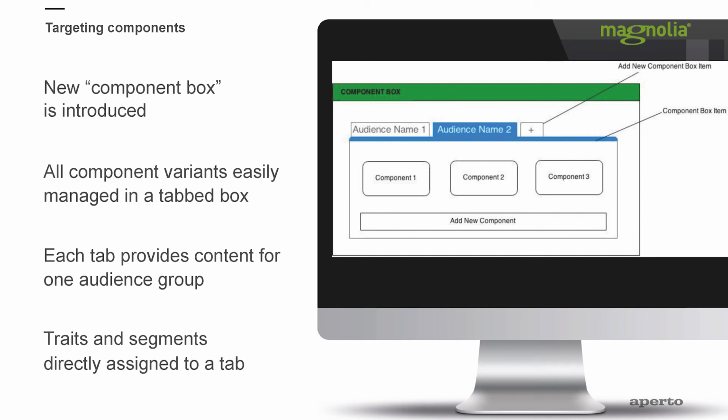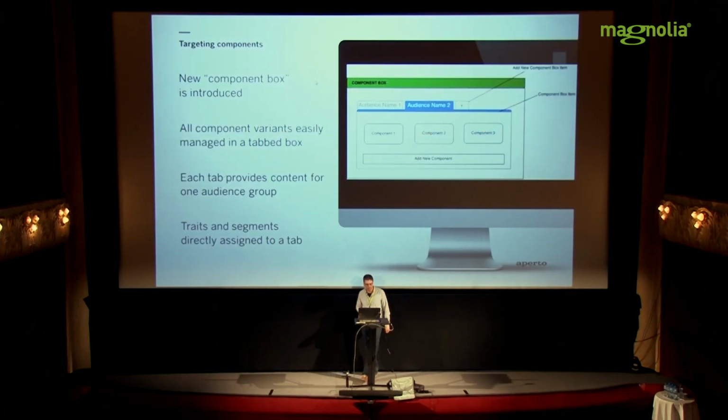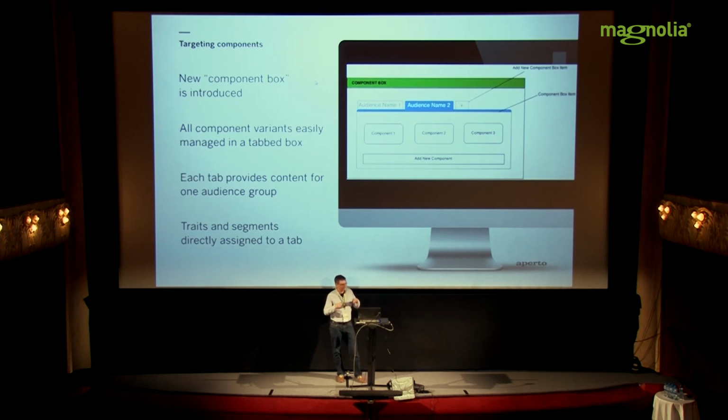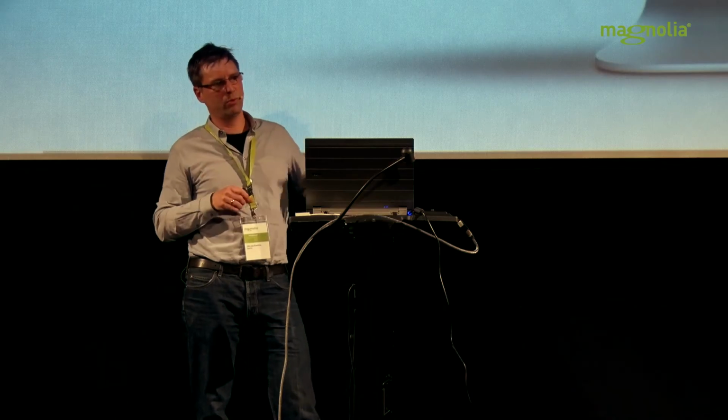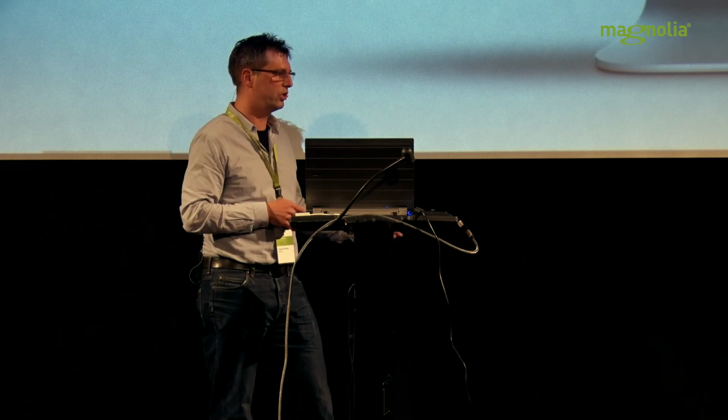From a user interface point of view, there is a new so-called component box, and within the component box you will see tabs. Both the component box and the tabs, you won't see them in the result, they are just there for editing. Each tab you can then target to the desired audience, and as you can with pages currently in Magnolia, you can assign traits and segments directly.